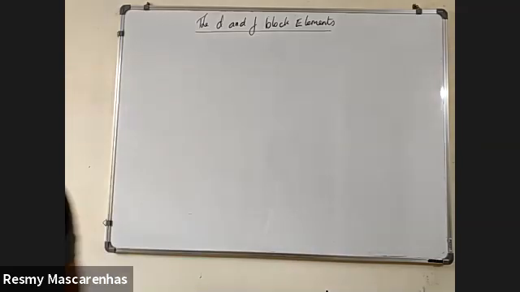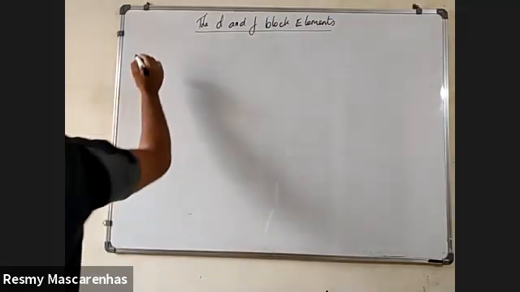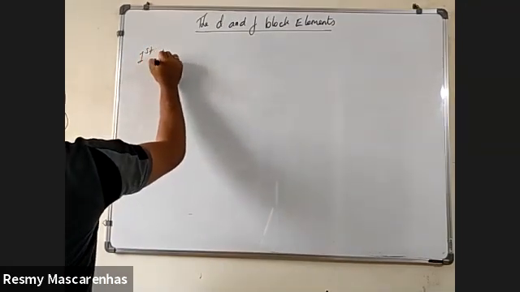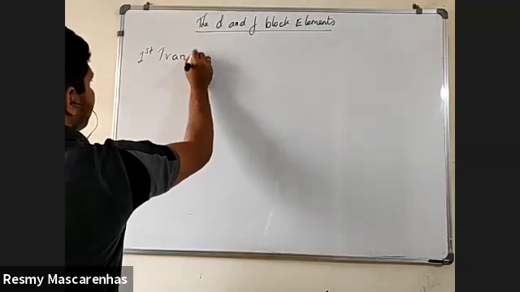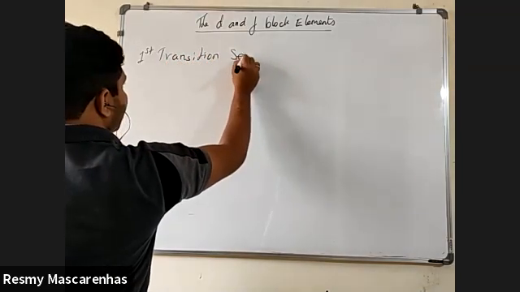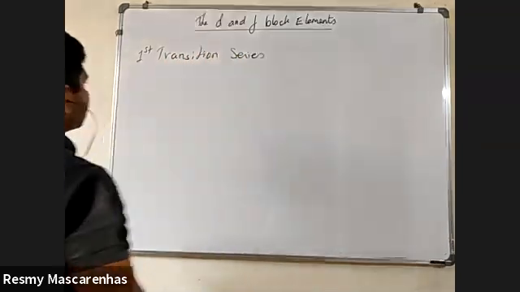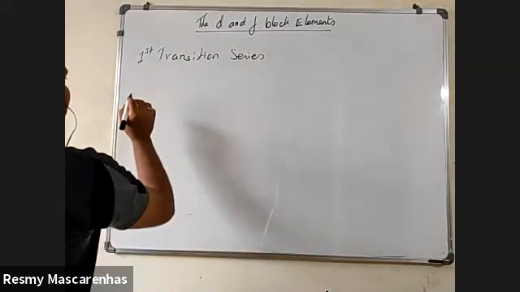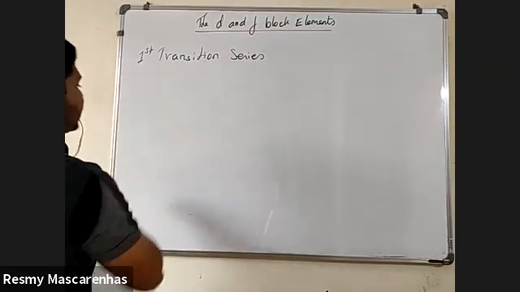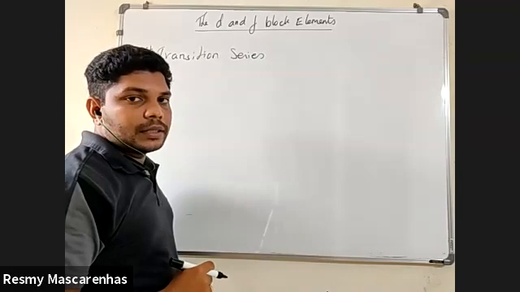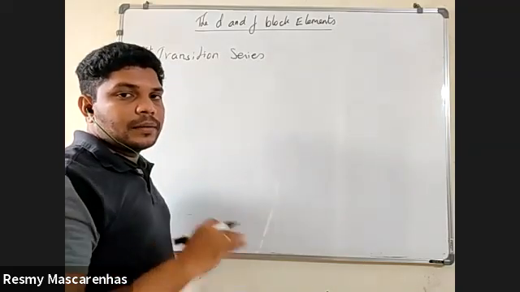Next, I'll give you some extra information on the d block element, that is the first transition series. We'll learn some more things about the first transition series. Now, the first transition series starts from which period?